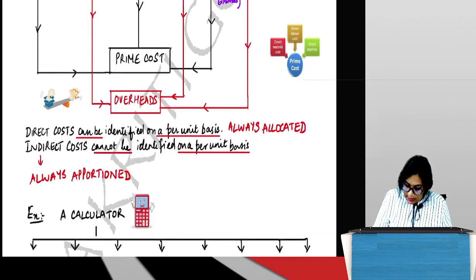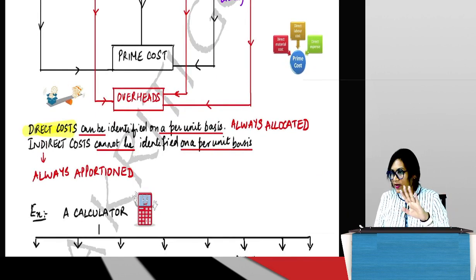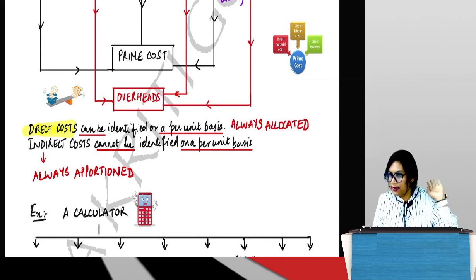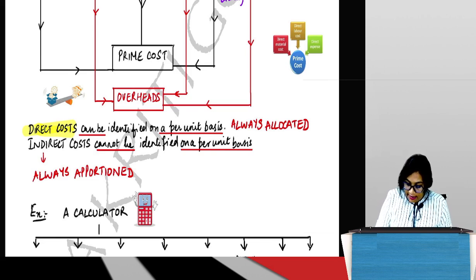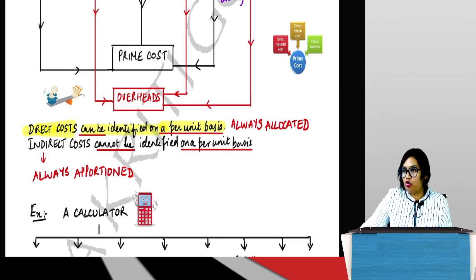So guys, come down. See here, I have given you direct costs. Direct cost includes direct material, direct labor and direct other expenses. What are direct costs? Direct costs are those costs which can be identified on a per unit basis.